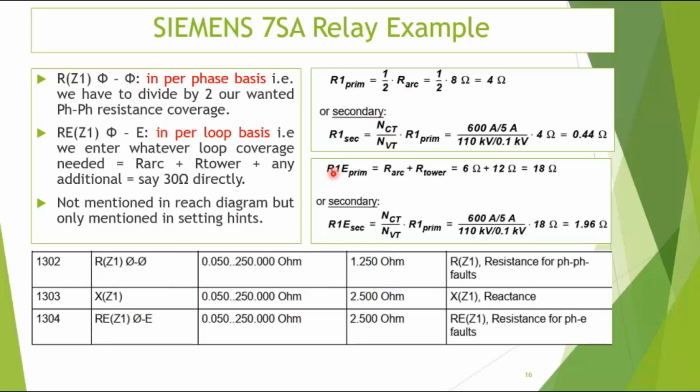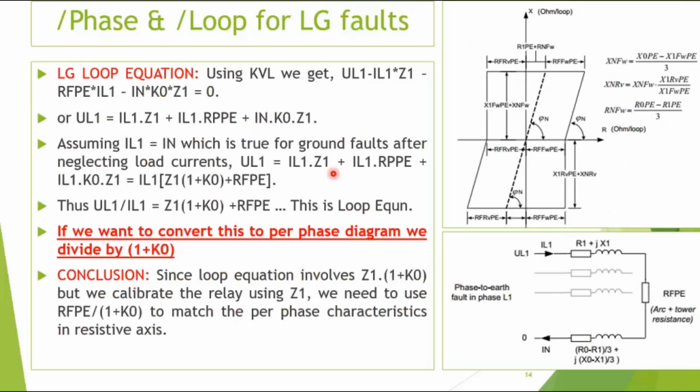Now let me again go back to phase to earth, and at the end of both you will understand it better. This is the per phase and per loop for phase to earth faults. Now over here, the equation on which this phase to earth loop is based is UL1, the phase to earth voltage, the voltage of the faulted phase with respect to the neutral, divided by the current.